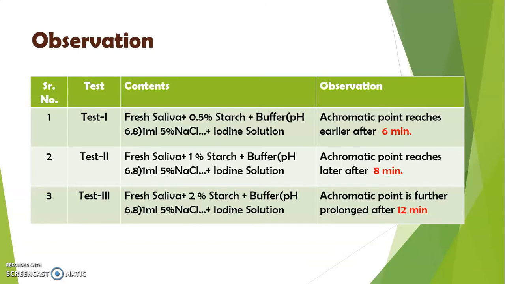In test 3, which has 2% starch solution, the achromic point is further prolonged, that is after 12 minutes. So it is found that as the substrate concentration increases, the salivary amylase activity goes on decreasing.